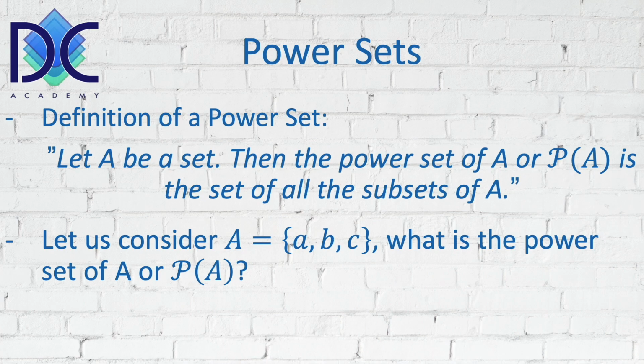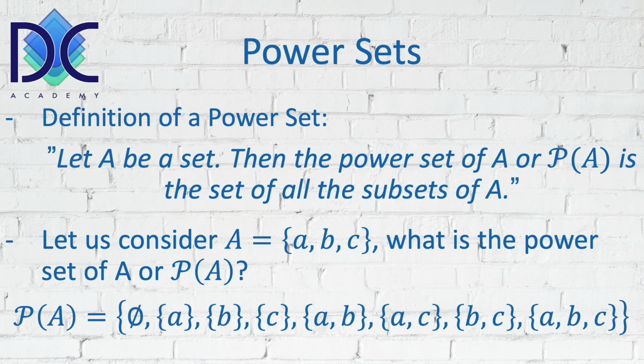So these three sets are singletons. And then we have the sets {a, b}, {a, c}, {b, c}, and the last one is {a, b, c}. And we can write the power set of A as the set which contains all these subsets.